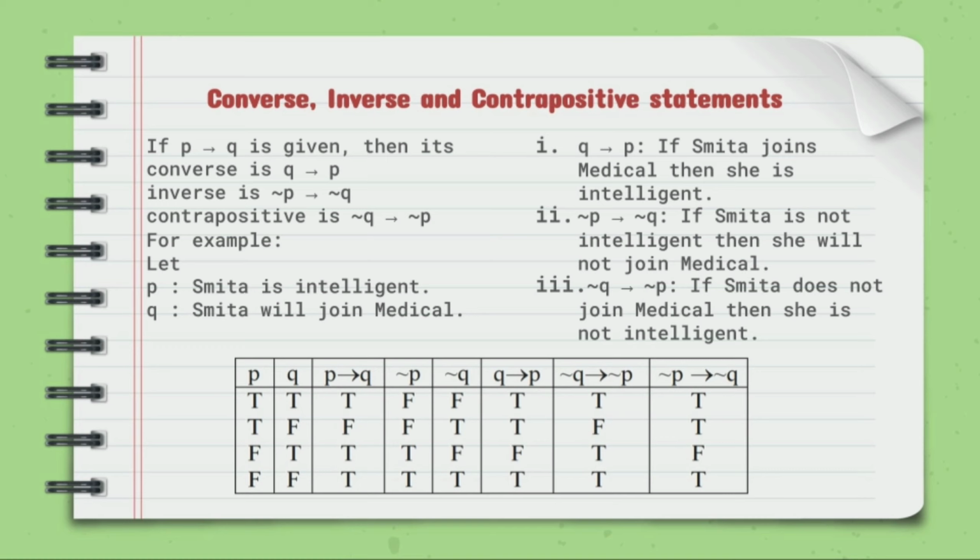And the inverse statement is if Smita is not intelligent, then she will not join medical. And the contrapositive statement, in essence, if Smita does not join medical, then she is not intelligent.